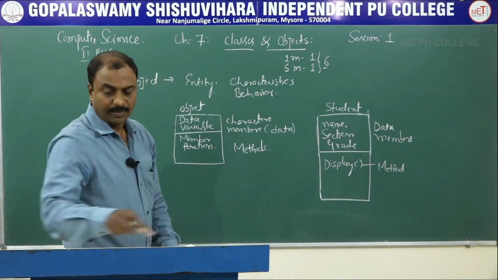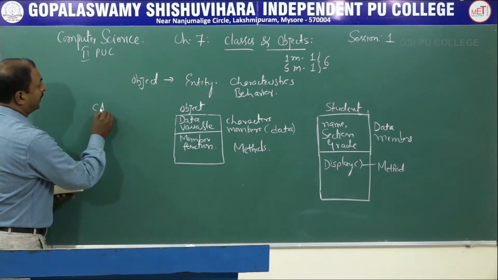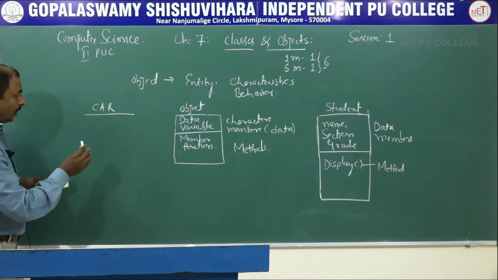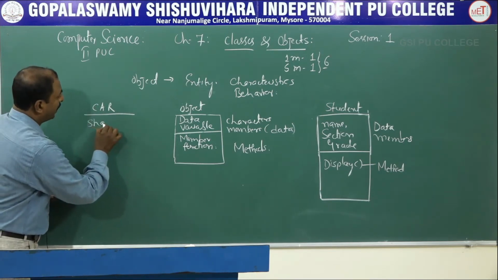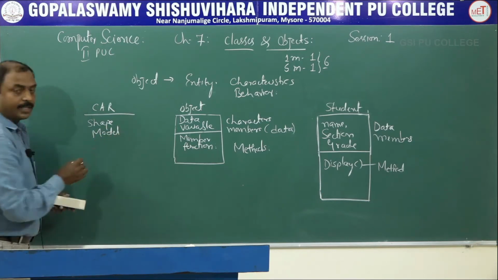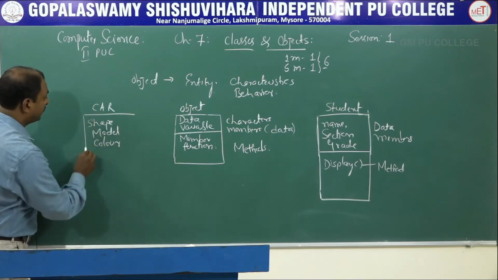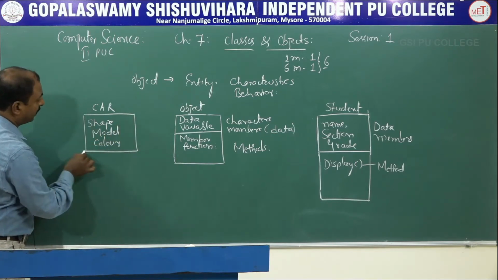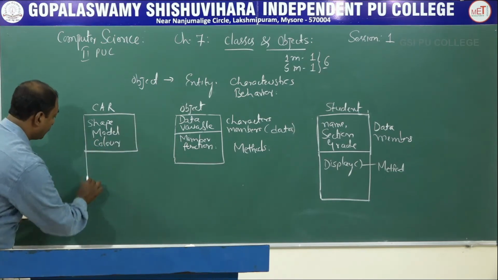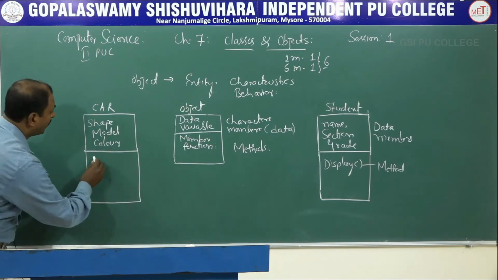If you take one more example, suppose if I say another simple example, car is an object for us. If I talk about a car, general car, and here I am talking about shape of a car or its model and as well as its color. These things we can represent, or we can say these are called data members. And along with this, if I talk about an object or a car, it has many functions to do.